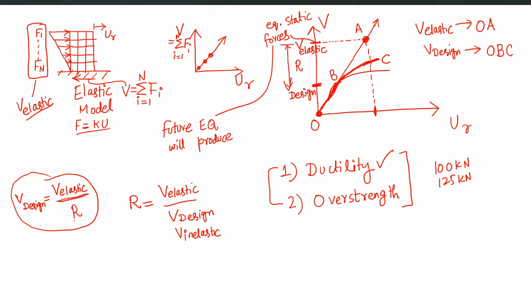So this will be 8 if you fulfill the requirement of SMRF. So if you previously were designing your structure on 800 kilonewton, now you just apply 100 kilonewton and provide the reinforcement. So you will be very economical, but at the same time you have to follow the SMRF requirements and guidelines.